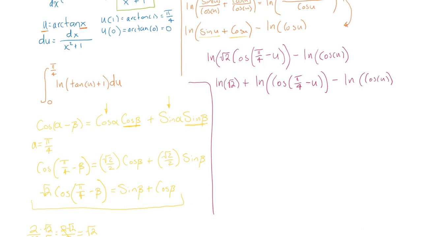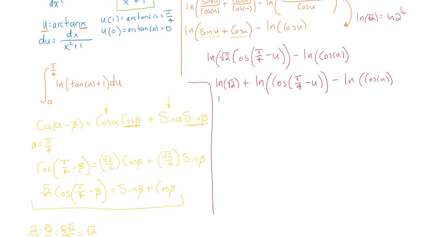Well, we will once again apply another property of logarithms. Our ln of root 2 is equal to ln of 2 to the 1/2. And whenever we're taking the natural logarithm, or even the logarithm, of a number that's being raised to an exponent, we can take that exponent and bring it out front.